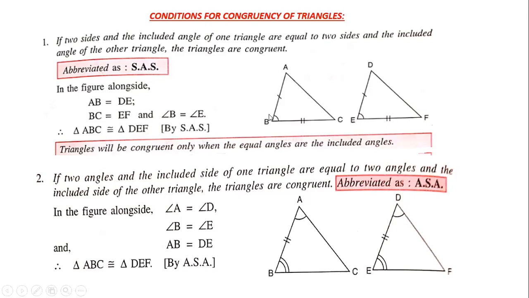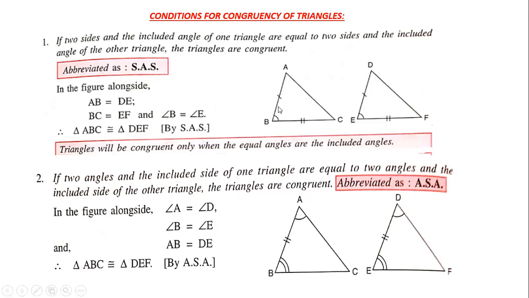See, AB, DE, BC, EF, and the included angle of these two sides, B, and the included angle of these two sides, E. That means side, angle, side. This is the condition for congruency.